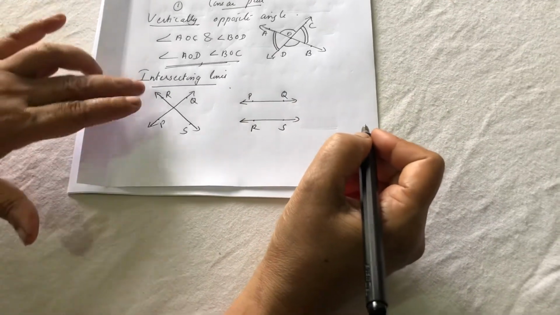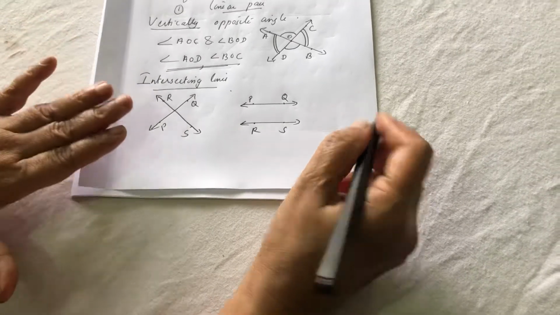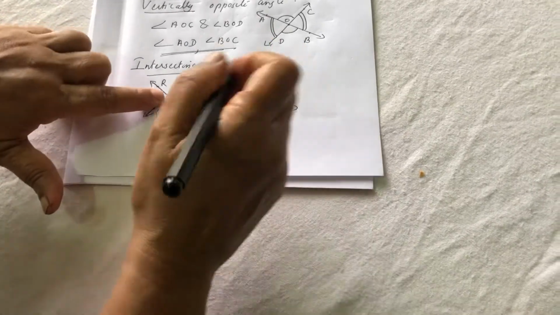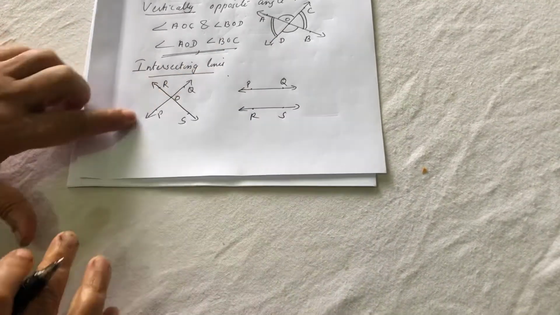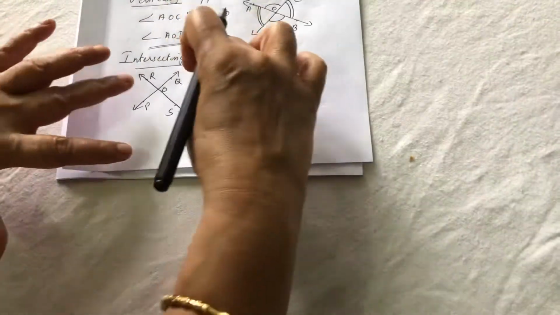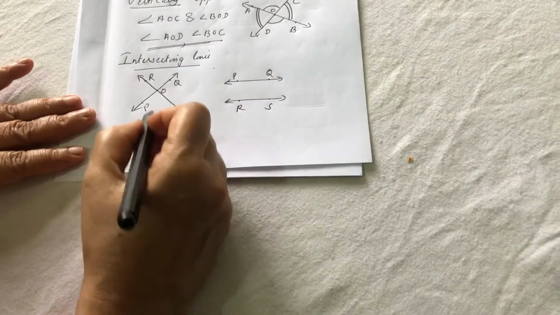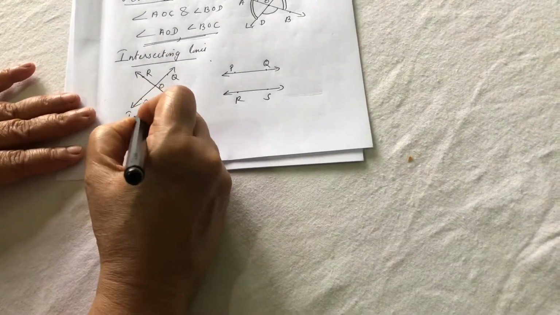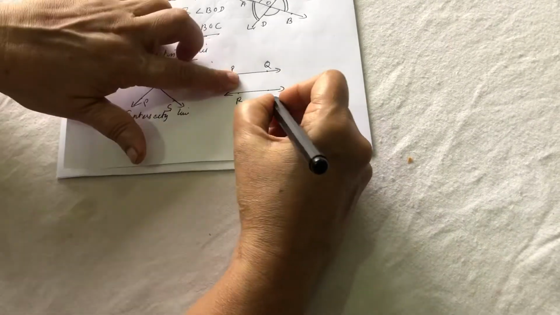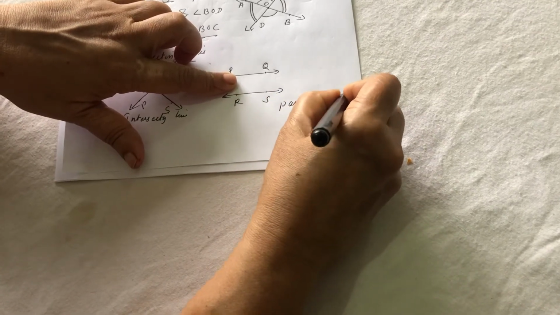These two lines are intersecting at this point O. The other two lines, if you extend both sides, never meet. So you can define these as intersecting lines, and this one is non-intersecting, which you can call parallel lines.